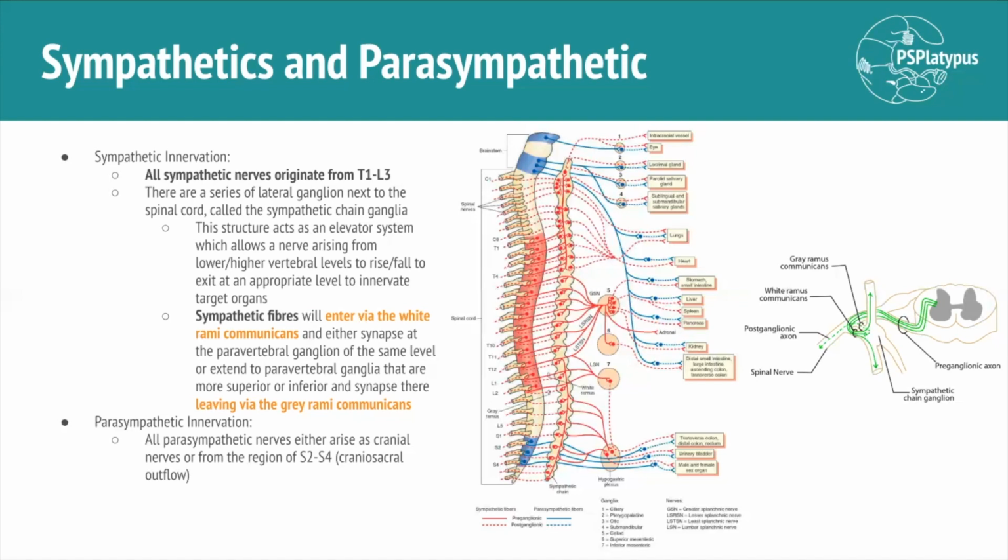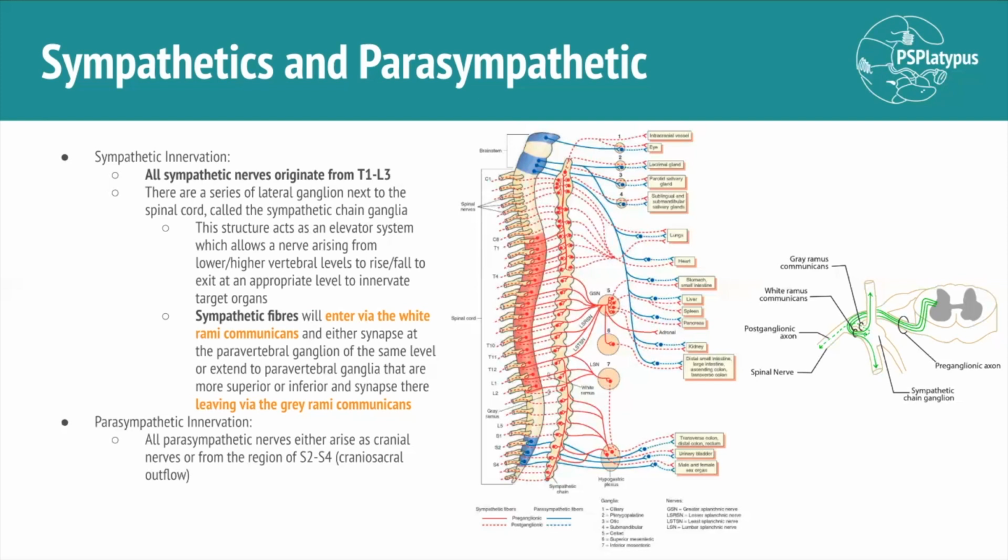So in terms of our sympathetic fibers, they will enter via white rami communicantes and either synapse at the paravertebral ganglia at the same level, or extend to paravertebral ganglia that are more superior or inferior and synapse there, leaving via our gray rami communicantes. This is depicted in the image furthest to the right.